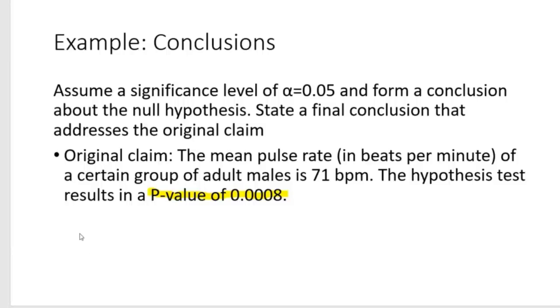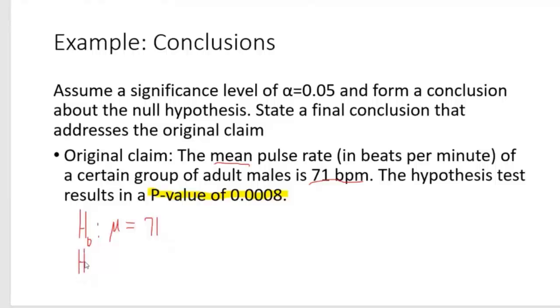So even though that's not what this is about, what we know is that our null hypothesis would have to do with the mean, and the null hypothesis always includes equals. So we get mu equal to 71. Now that would be beats per minute.